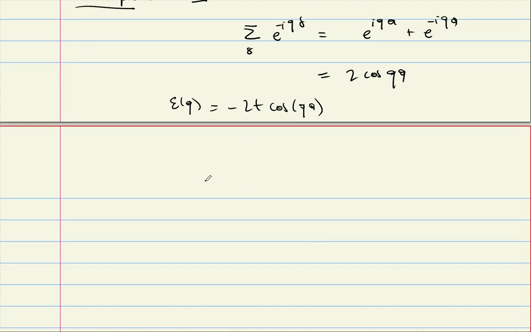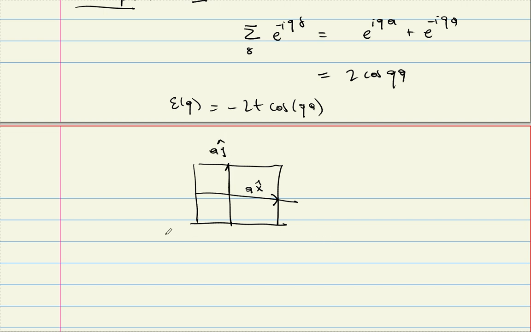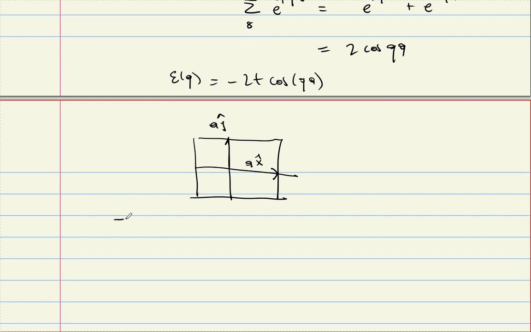So I can do it in 2D. So here is the square lattice. Now I have a times x hat, this is a times y hat. And this object, the sum over all delta of e to the minus I q dot delta, is going to be, I can do this cosine in the x direction, right?